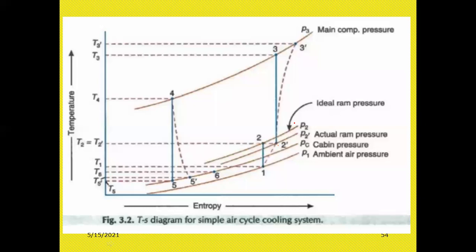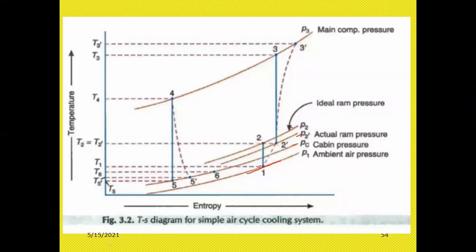Here you are having the pressure changes. The first one is the pressure 1, ambient temperature, cabin temperature, and actual ram pressure and the ideal ram pressure. So these are the various temperature differences: T5, T6, T1.